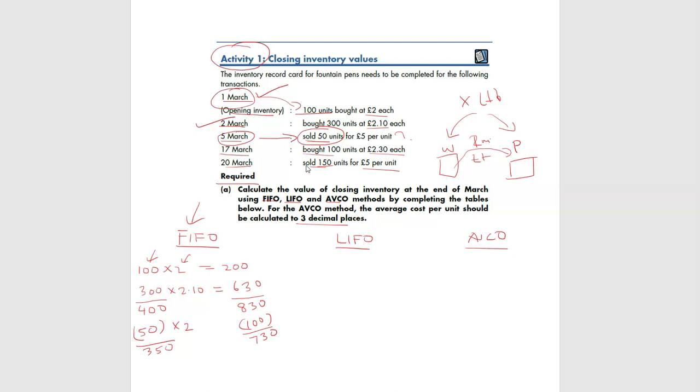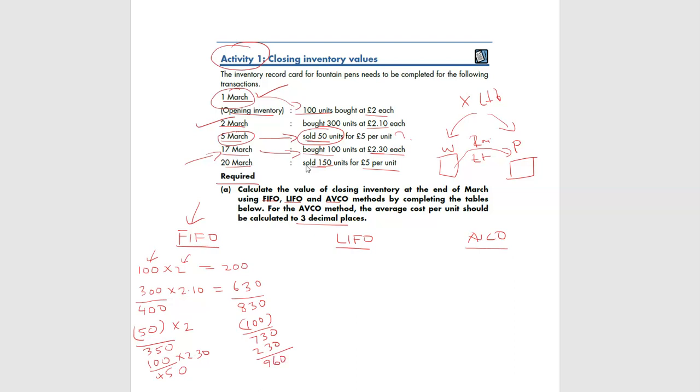Then on 17th of March I purchase another 100 units, and each unit costs £2.30, which gives me 230 total. So now I have 450 units in total, and the total value is 730 plus 230, which gives me 960.